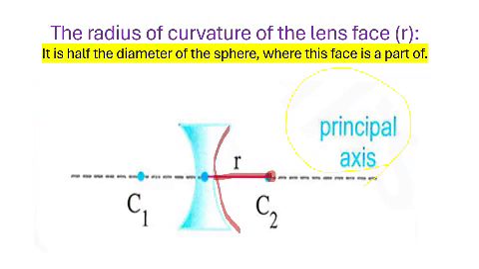For the radius we say half diameter. The radius is half the diameter of the sphere of which this face is a part. Here we have the center of curvature, and here's a spherical face, and we have the radius, which is half the diameter, and for sure it takes letter R.